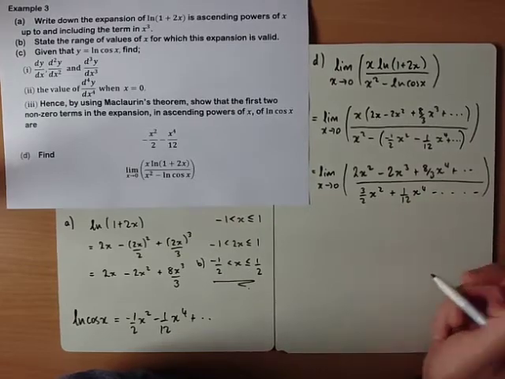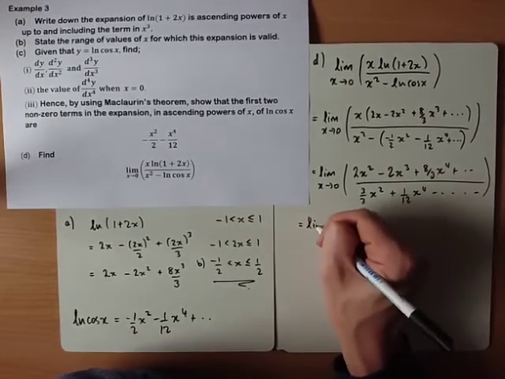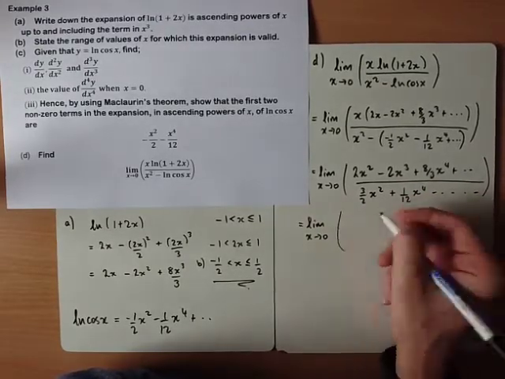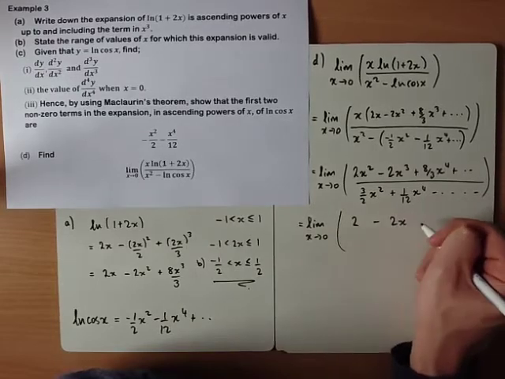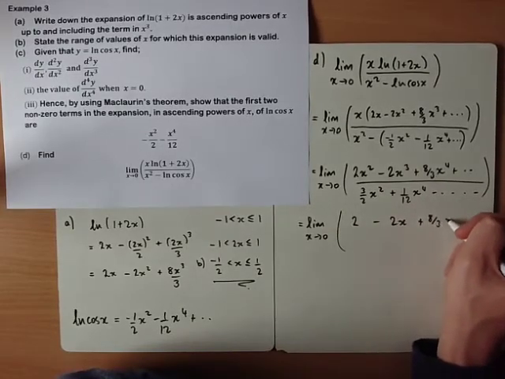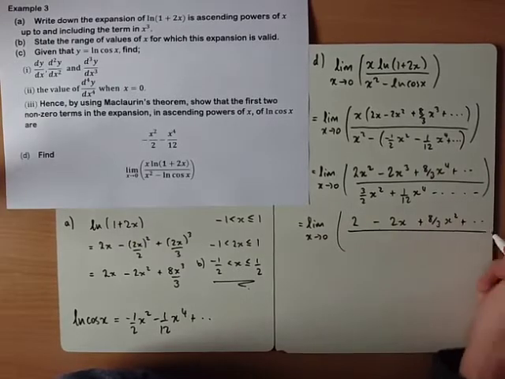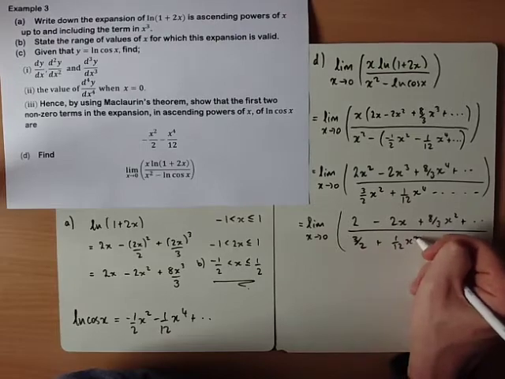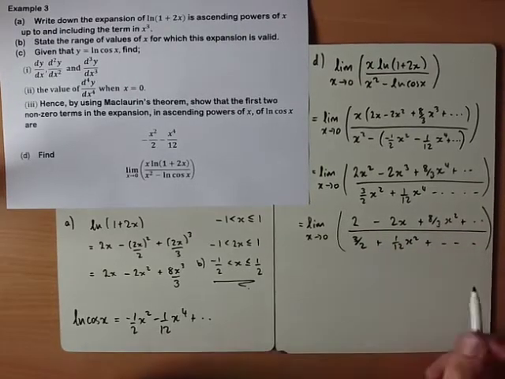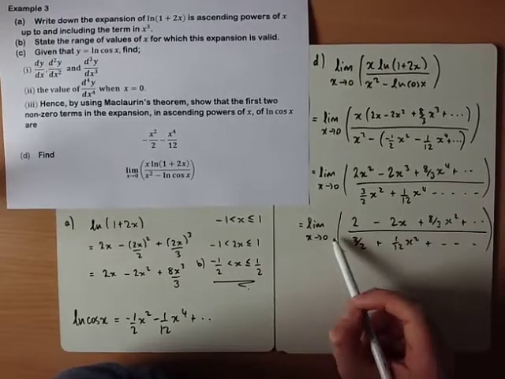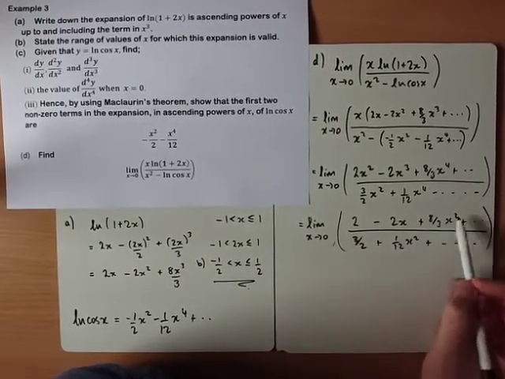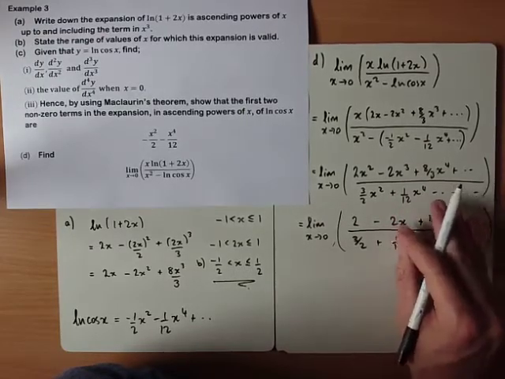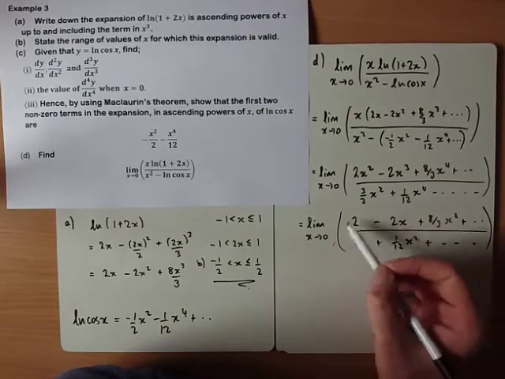And remember the key step now is to cancel down a common factor of x squared in everything, so it would be 2 minus 2x plus 8 over 3 x squared, over 3 over 2 plus 1 over 12 x squared. And clearly now, because we're thinking about x tends to 0, all these other terms would be tending to 0. Minus 2x would tend to 0, 8 over 3 x squared, so everything would disappear and we'd be left with the limit that we're trying to evaluate.